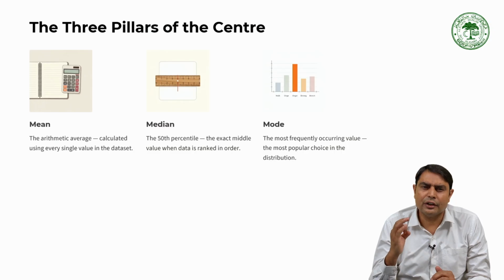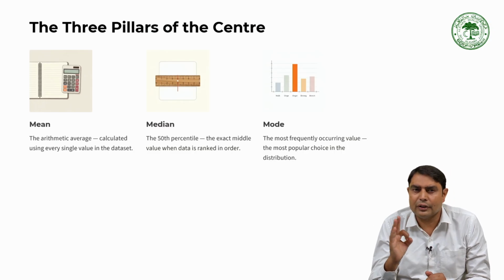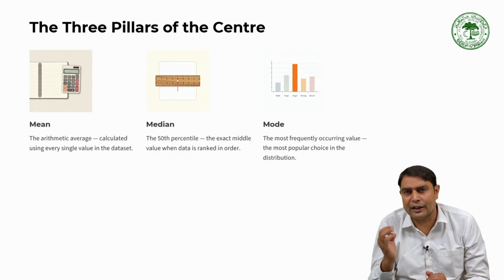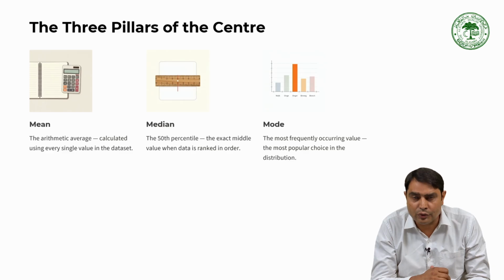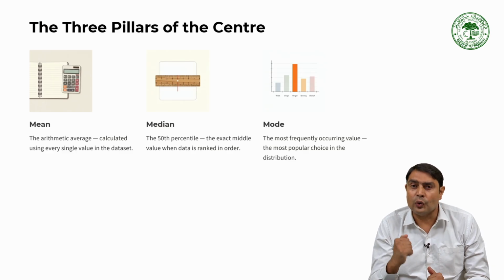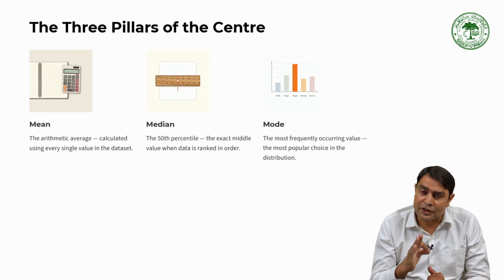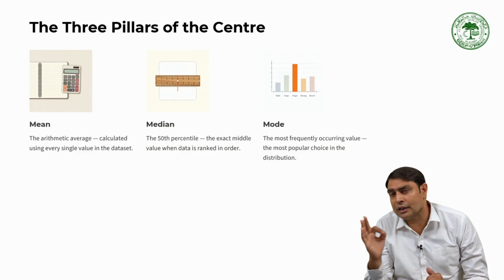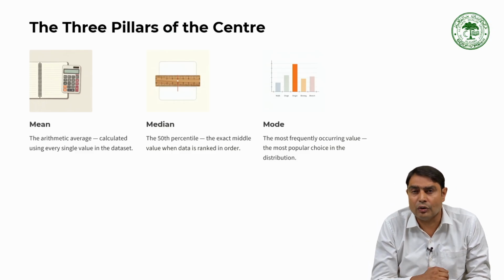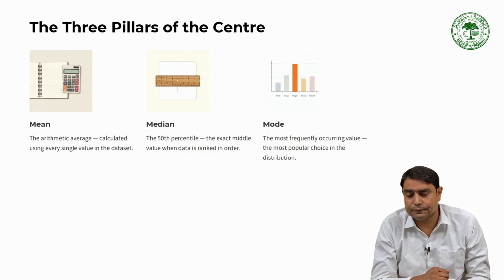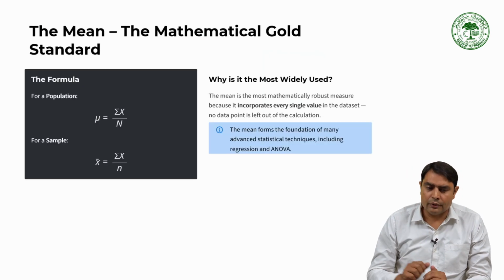So each type of measure has its own relevance, and we have to look at the need of the data, where one measure is fitting and where another is relevant, right?